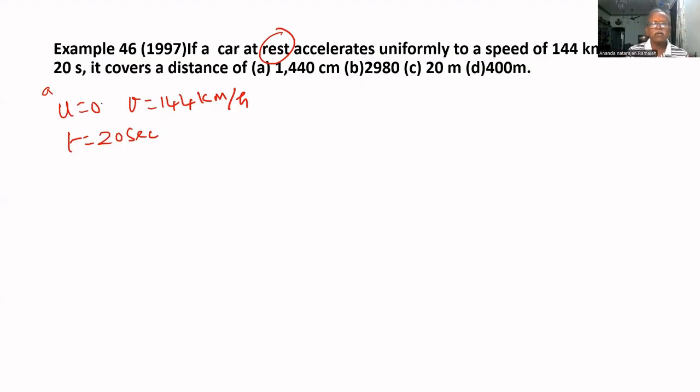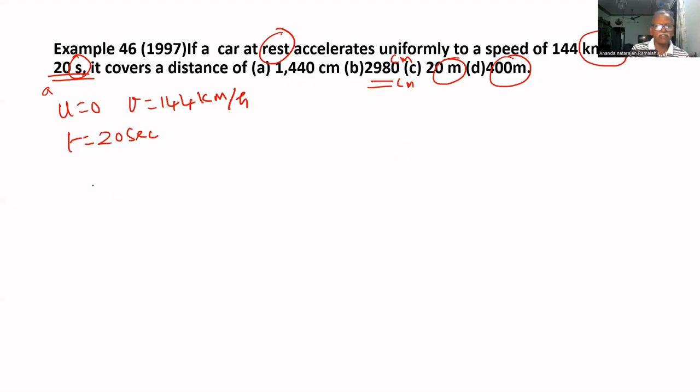Here it is in seconds, here it is in hour. That's the problem. This is in meter. I think this is also in centimeter. That's a bigger number. So be very careful about units. Since time is in seconds, we have to convert this into meter per second.